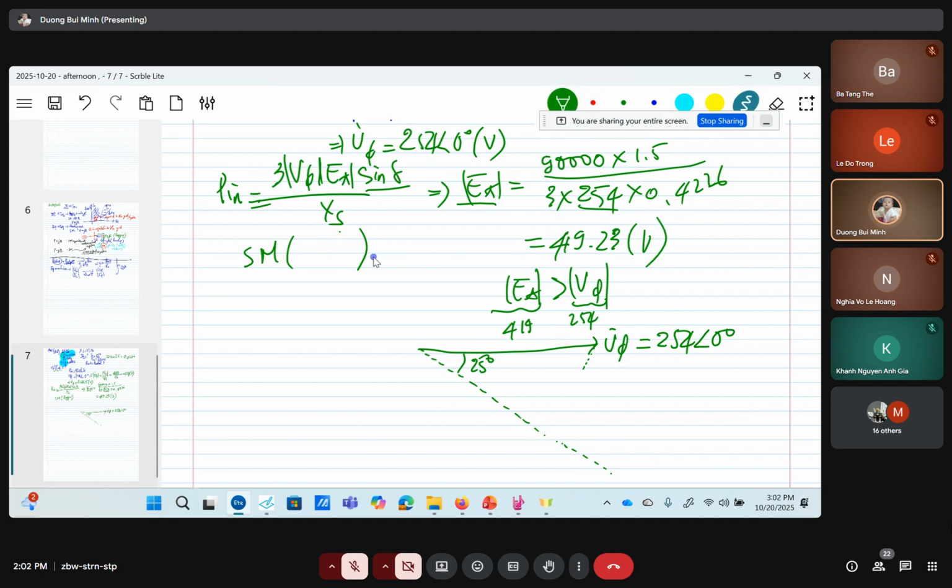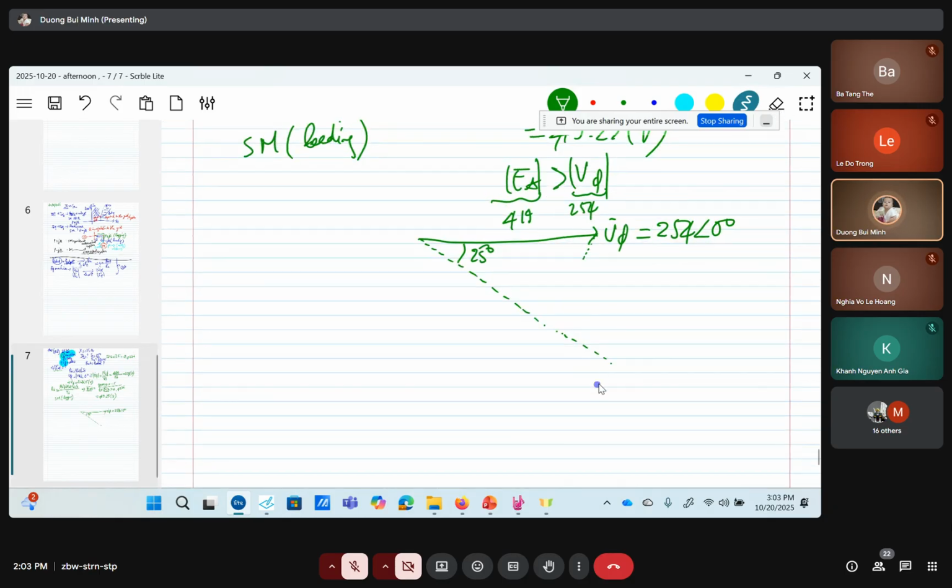So if we have leading, IA should be somewhere here. This is 25, so this may be higher than 25.